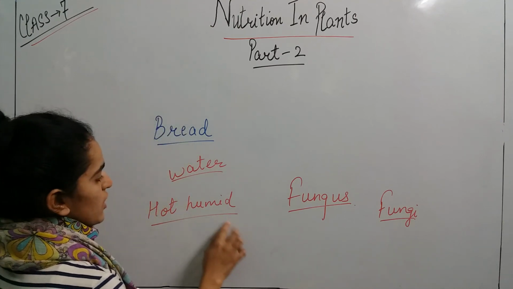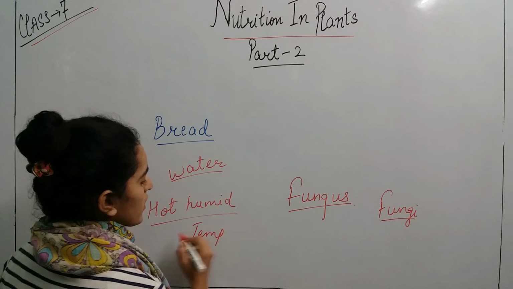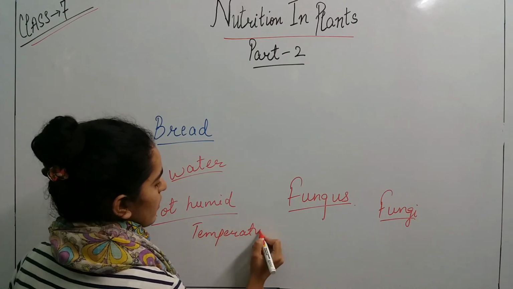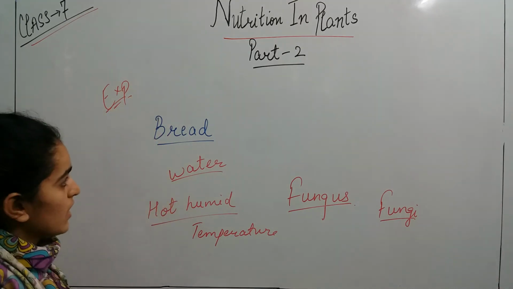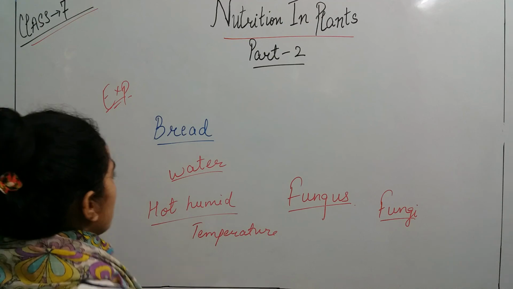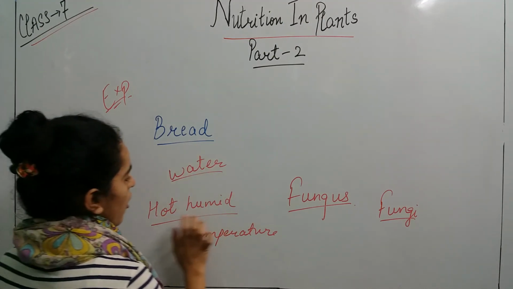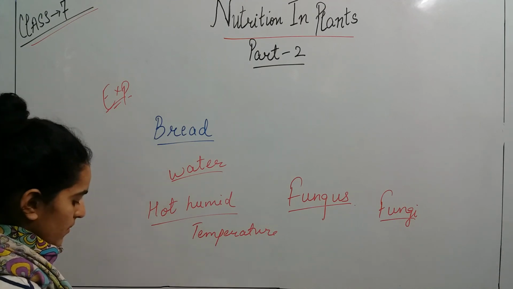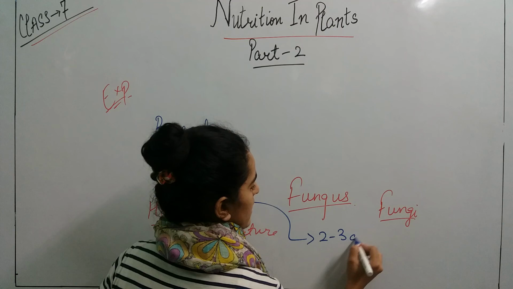So the temperature should be hot and humid. This is the temperature required for this experiment. Take a piece of bread, dip it in some water and place it in a hot humid place for 2 to 3 days.